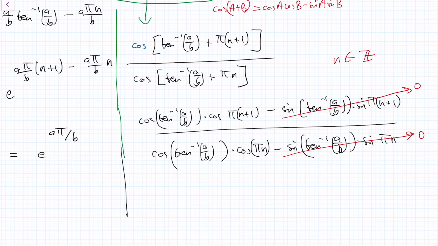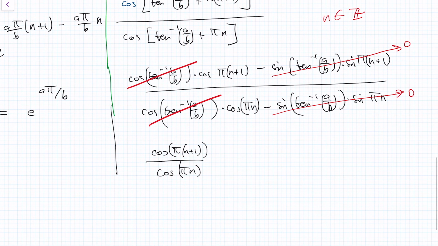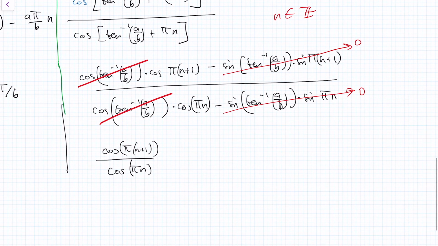So it boils down to only the cosines, and we can simply cancel that with that. The only thing we're left with is cos pi (n plus 1) over cos pi n. And that will clearly give us minus 1.